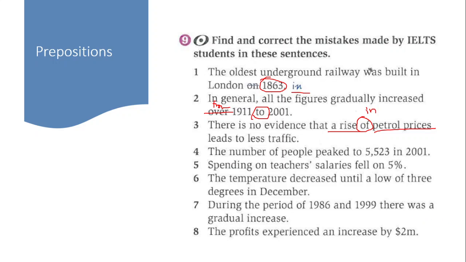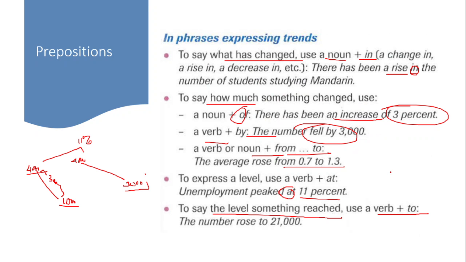Alright, let's continue. Number 4, here we talked about the level, so we don't use to, we use at. Spending on teachers' salaries, we talk about the number. Do we use on?